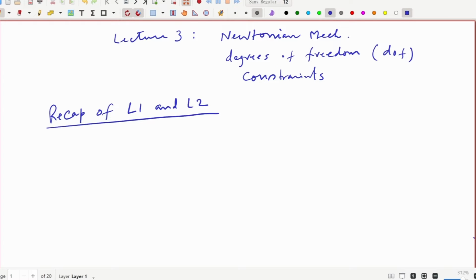Okay. So, in lecture 1 we had the plan of this course. We discussed the syllabus, the study material, books, the plan, etc. And in the second lecture we started with Newtonian mechanics.